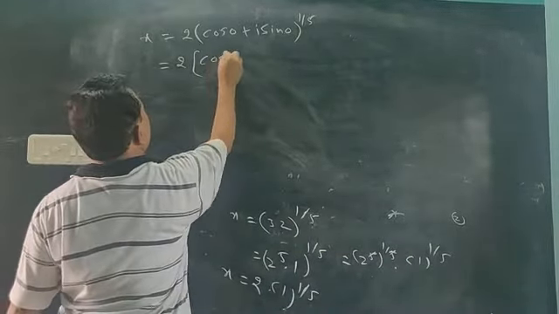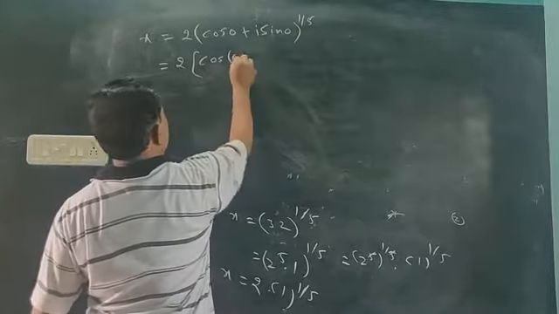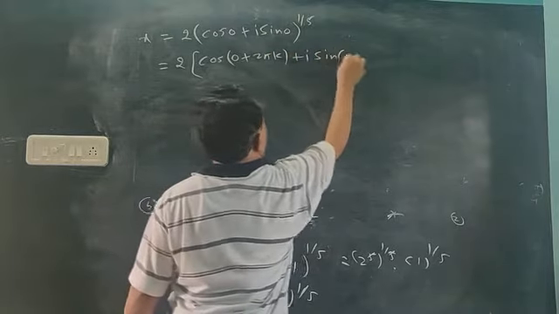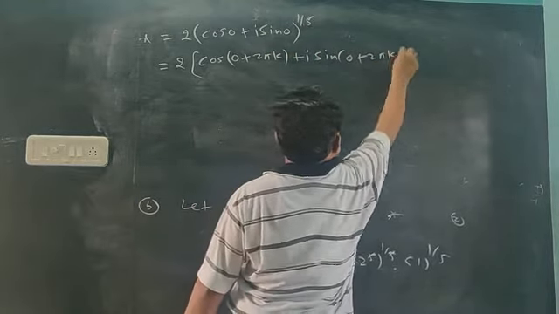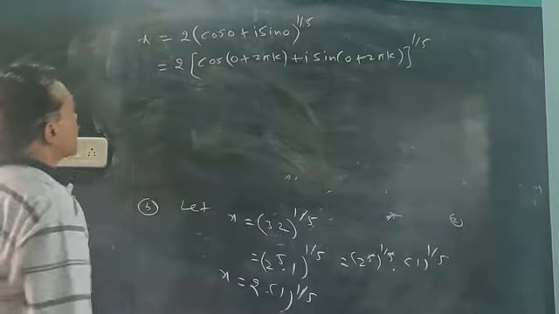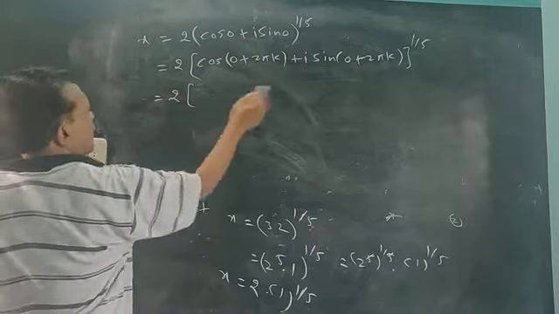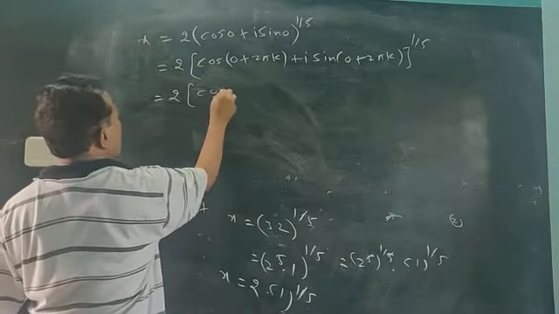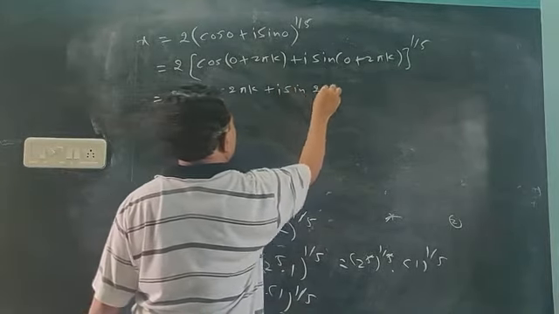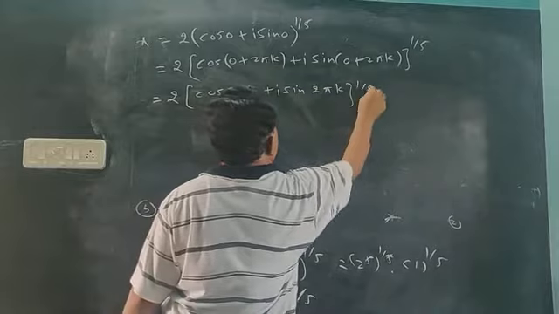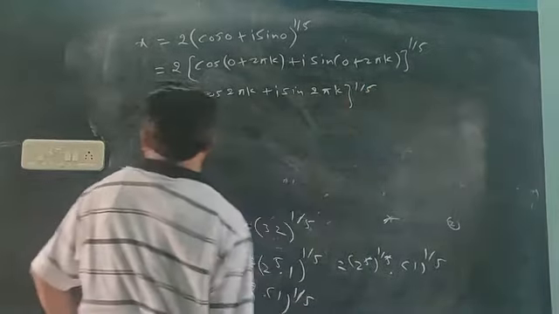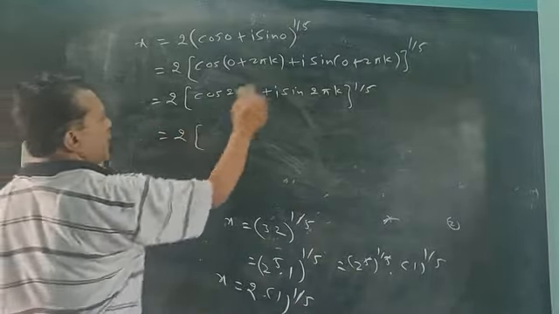So cos 0 is expressed as cos of 0 plus 2 pi k, plus I sin of 0 plus 2 pi k. Okay, periodic function. Now 0 plus means the same: cos of 2 pi k plus I sin 2 pi k, raised to power 1 by 5. Apply De Morgan's theorem.